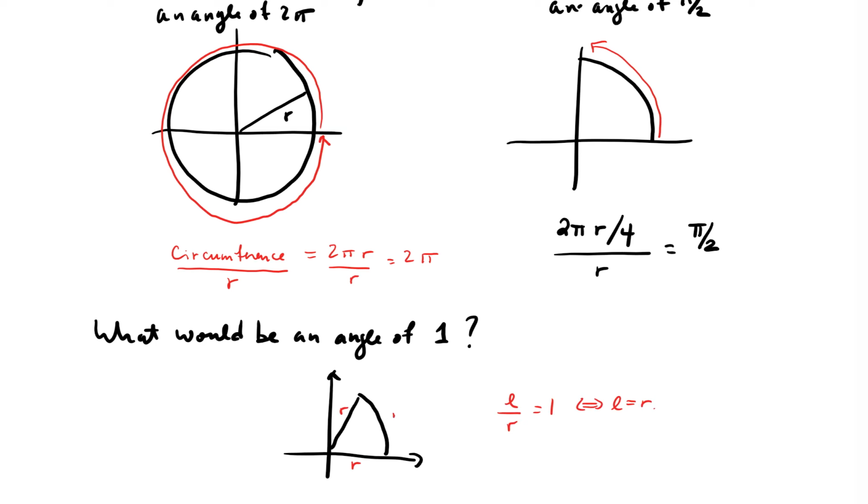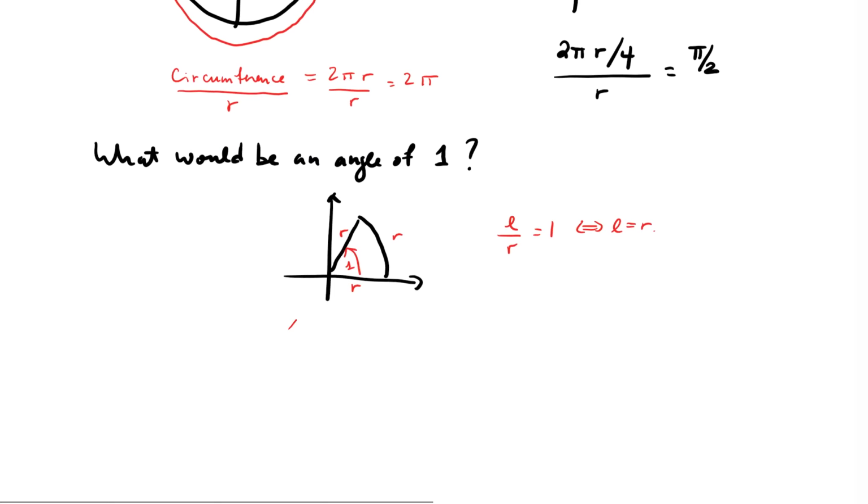So an angle of measurement 1 in our new system would be such that the arc subtended by the angle has a length of r. Because when the angle is 1, it's equivalent to an arc of length r, we will not say it's an angle of 1 radius, because we don't want to use radius again. We'll say it's an angle of 1 radian.